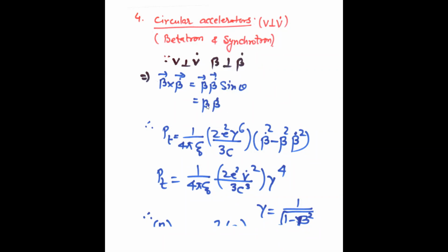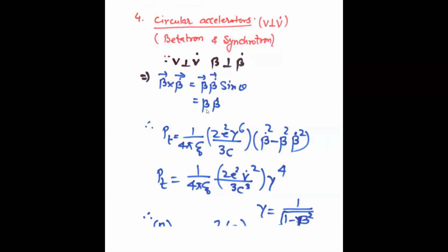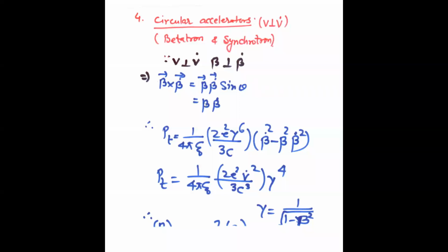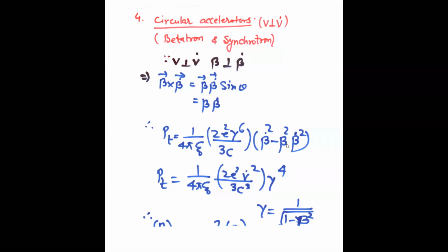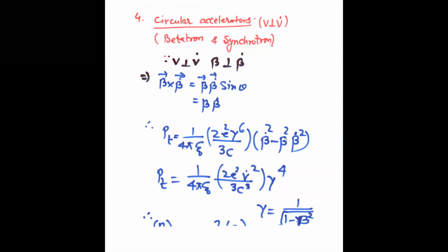Now if you put beta cross beta dot equal to beta beta dot, relative velocity and relative acceleration, in the Lienard formula, the second term will not be 0 in this case of circular accelerator. Now take beta dot square common, and it will become 1 minus beta square. 1 minus beta square will become 1 by gamma square.